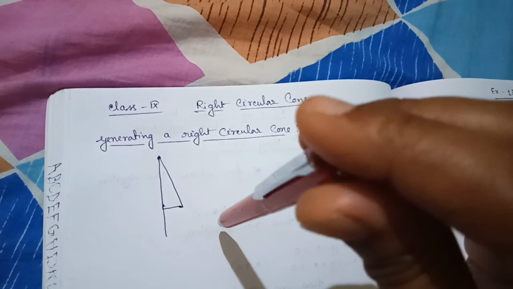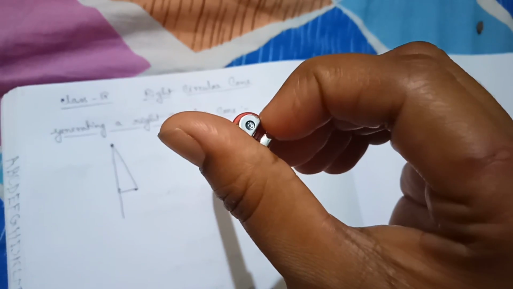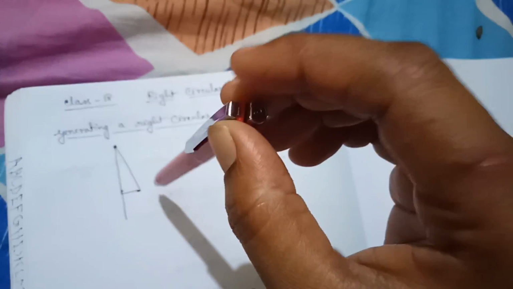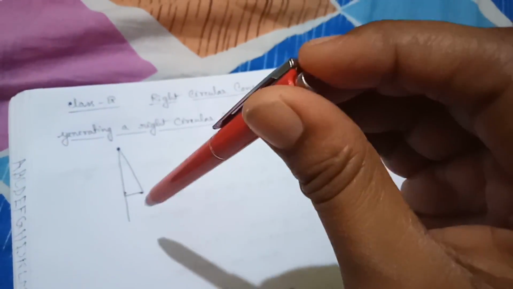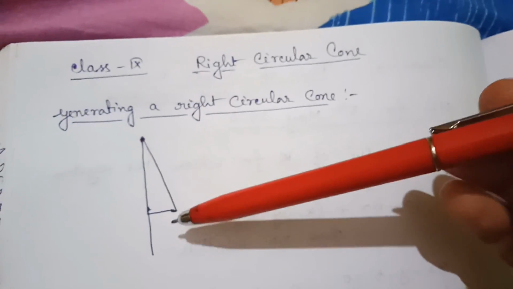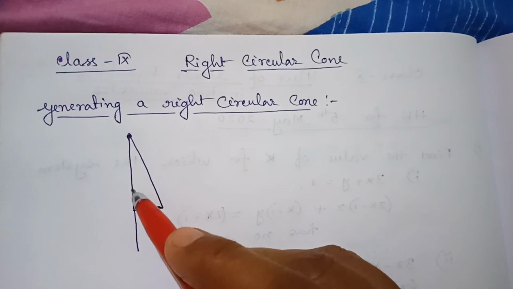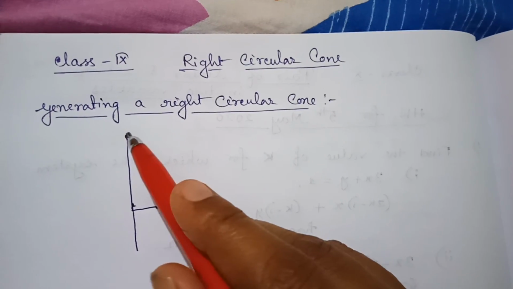Then when you rotate it, you will get one generating circle. Okay?